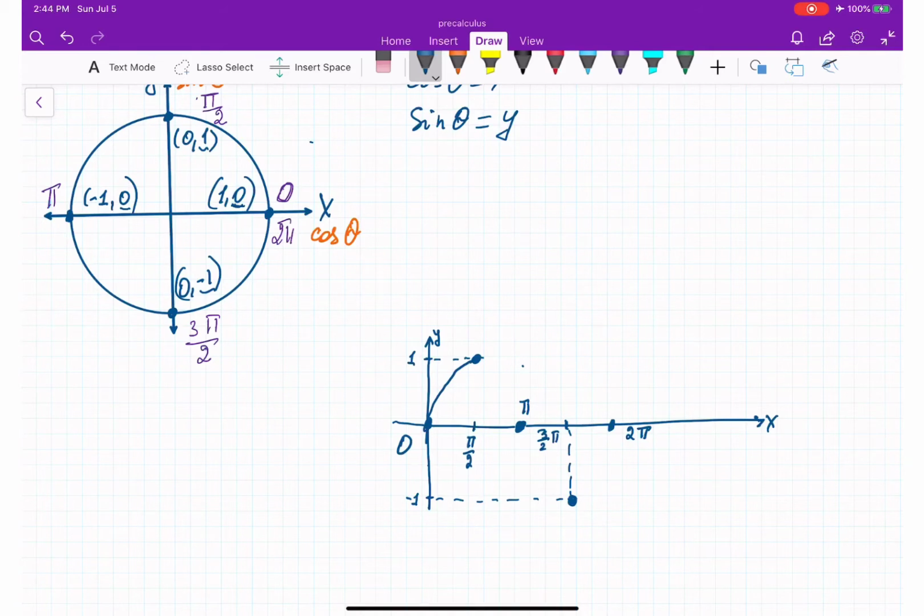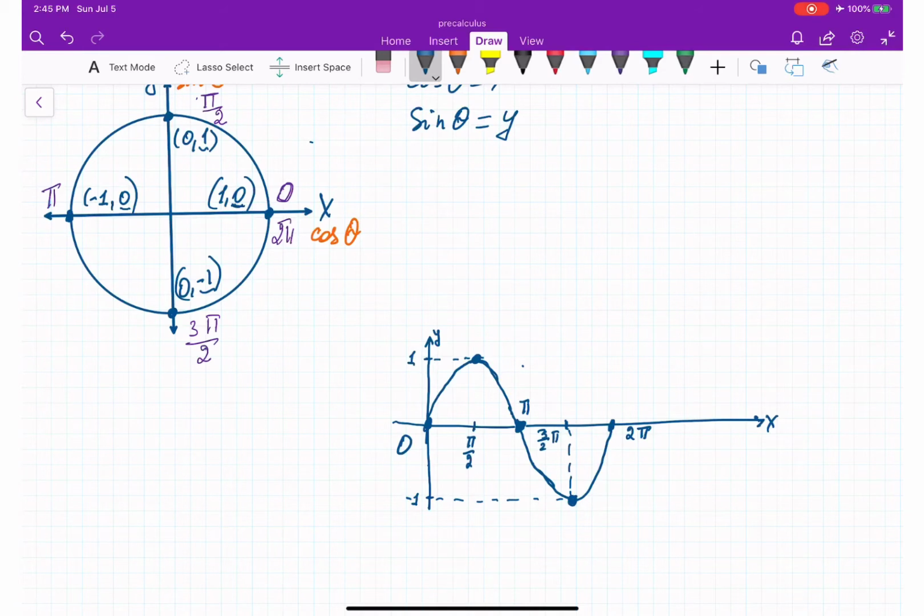Then I'm heading to 3 over 2 pi, coming here. This is what we got. This is how the wave looks. Okay, now let's make some observations on this graph.